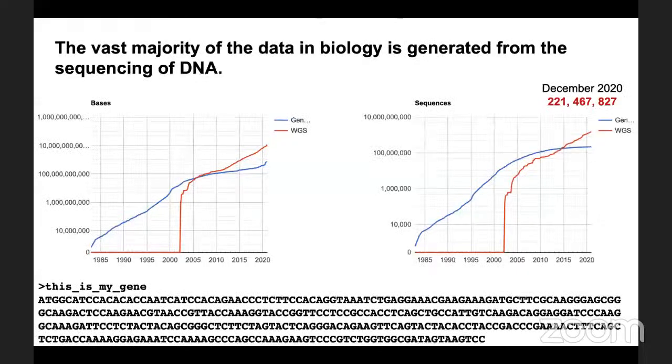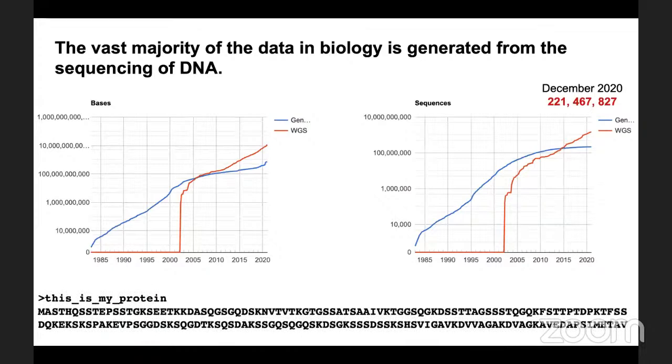So I think many of us are aware that the vast majority of the data in biology is generated from the sequencing of DNA. And what you get, the output of DNA sequencing, are basically just this string of letters that represent the DNA. In this case, this is my gene, which that DNA you can then translate into a protein sequence.